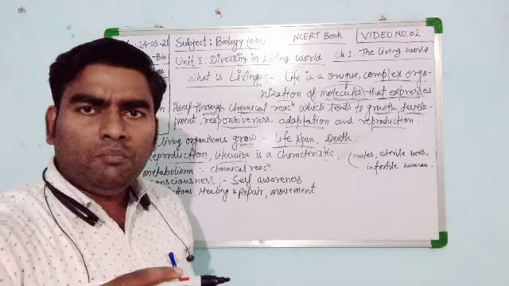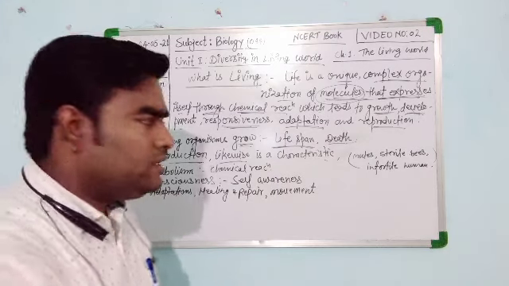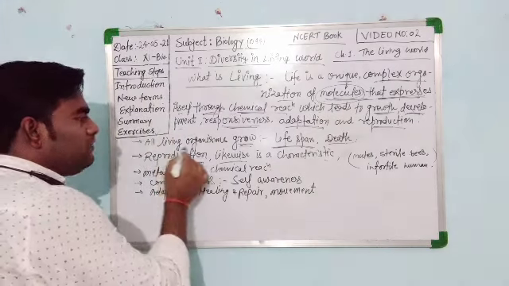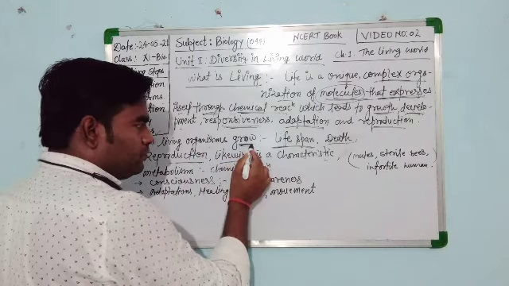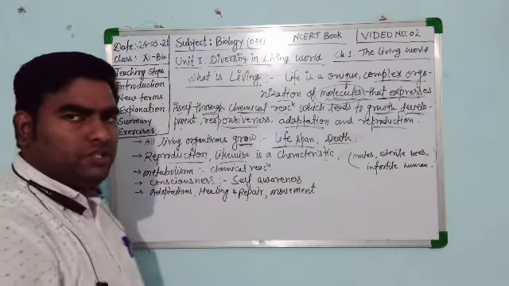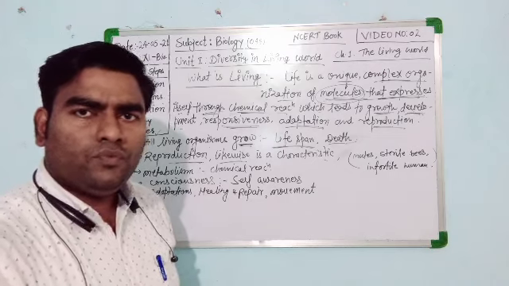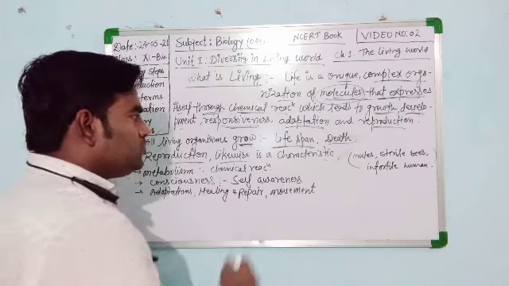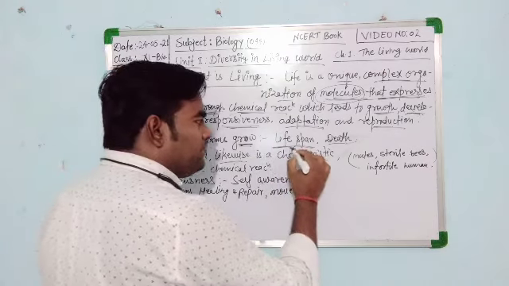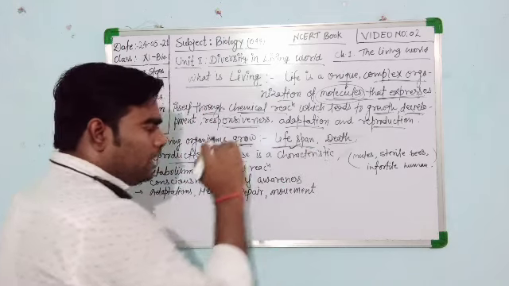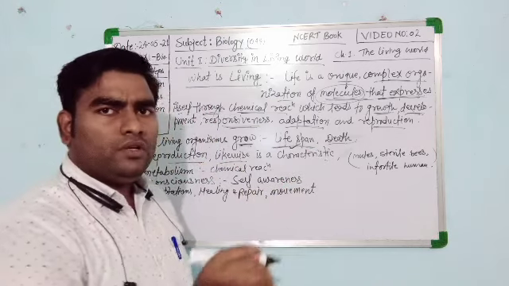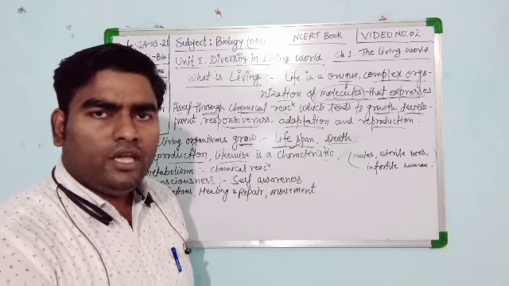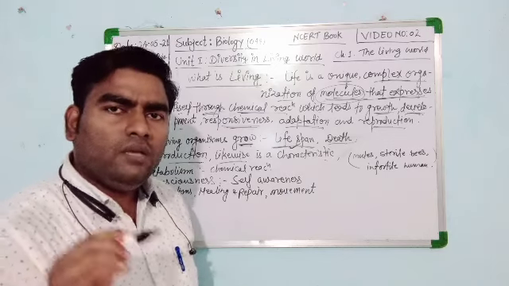There are some more characters of living beings. Just have a look. All living organisms can grow. They have the capacity to grow and multiply. They have a fixed lifespan, and after a limited time the growth stops. Every organism has a limited lifespan.